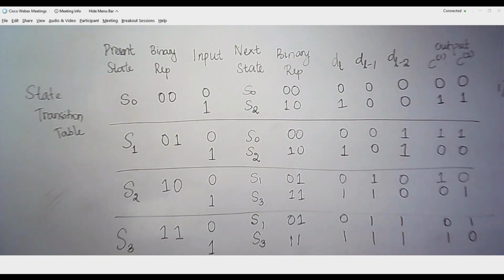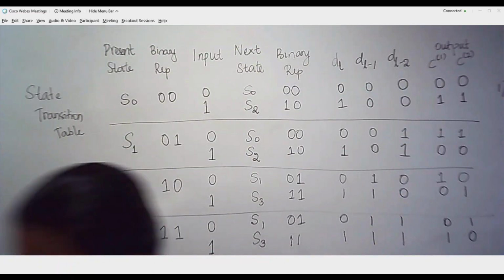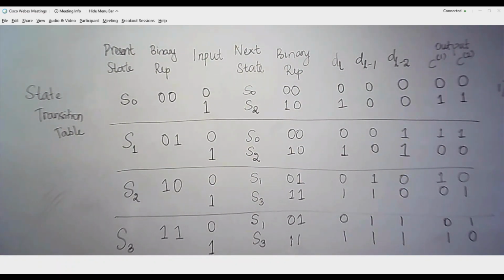And if I know the contents of the shift register, writing the output is not that big of a deal. Understood? Any doubts so far? Please say yes or no. I hope there is no doubt.